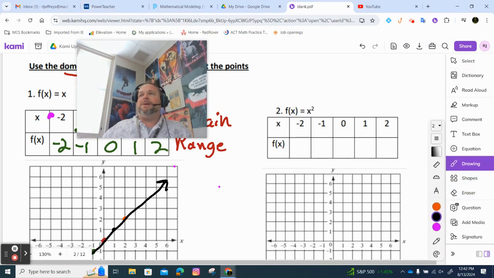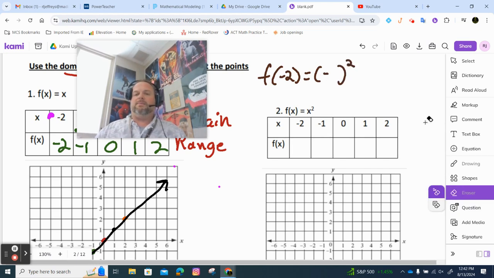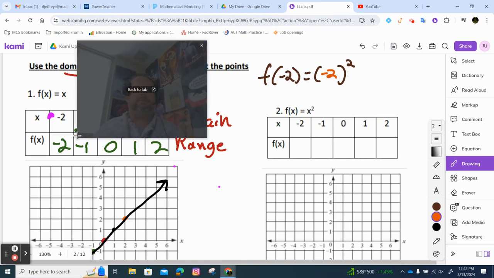Some people may have got some different answers than me because I bet, along with that sheet that didn't have domain and range on it, I bet those notes we were doing on function notation, I never showed y'all to put parentheses where the X's should go. That way, when you plug stuff in, you get the right answer.